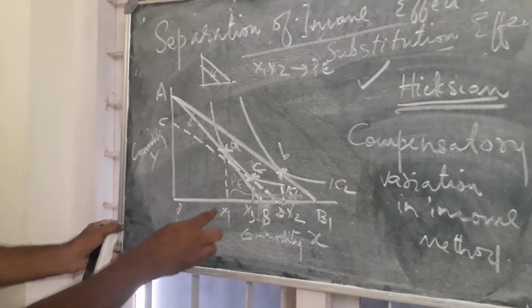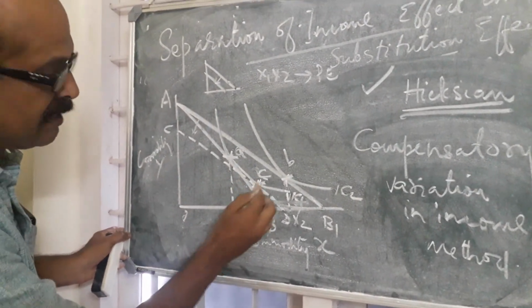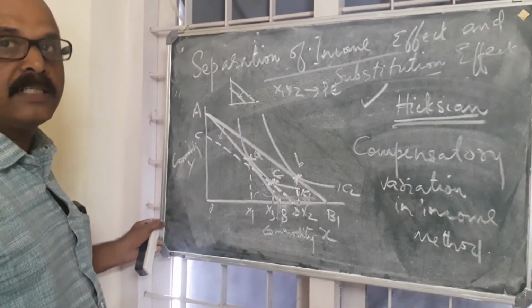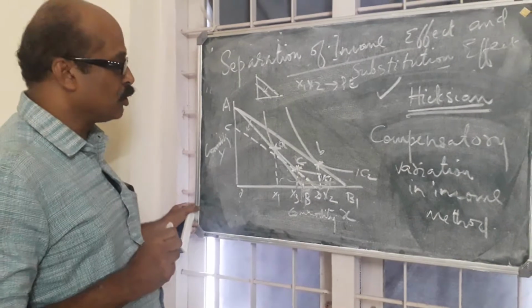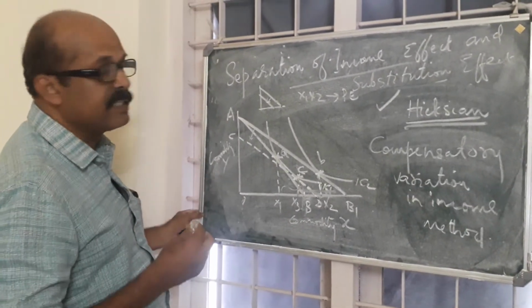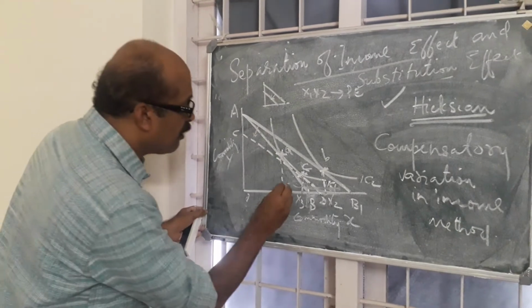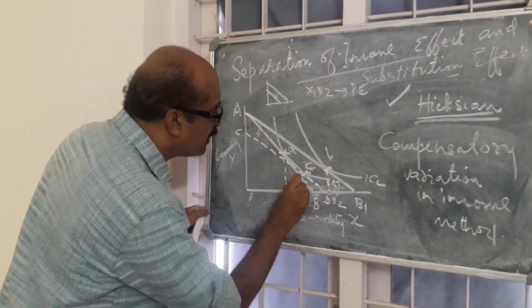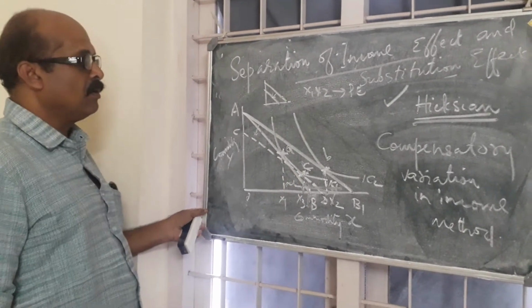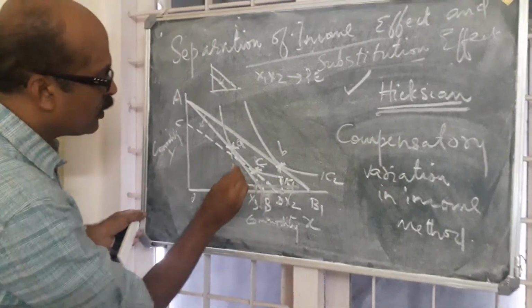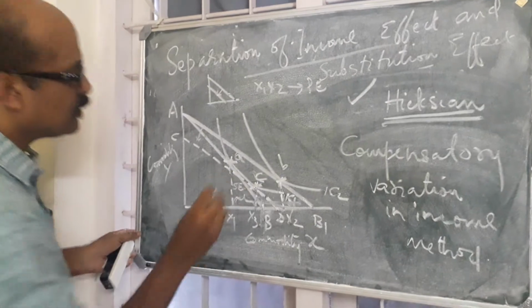So there is still an increase. Even after we take away the increased income part from the consumer, he is still increasing his demand for commodity X from X1 to X3. So we have removed the income effect. Now this is known as the substitution effect.